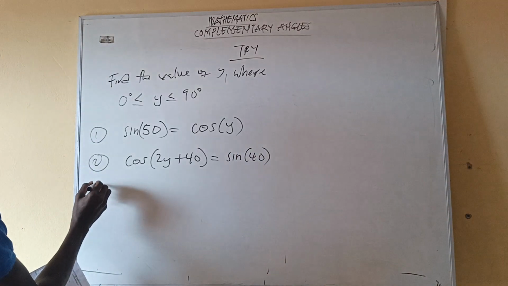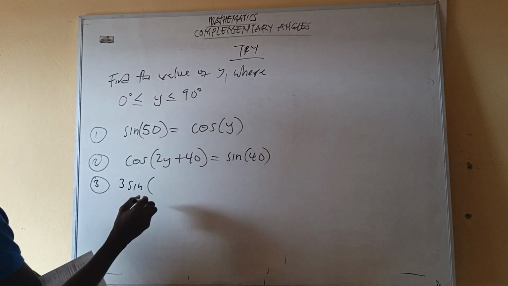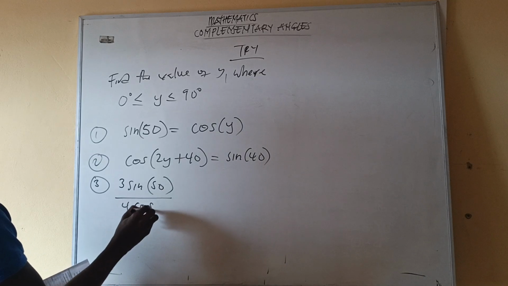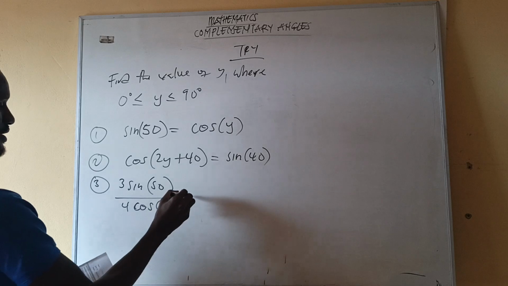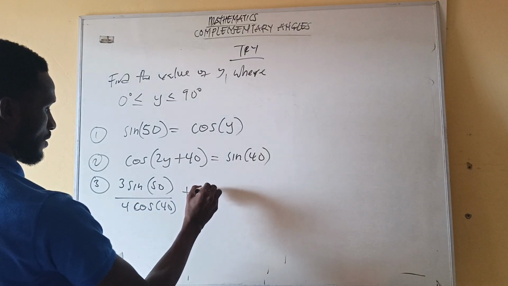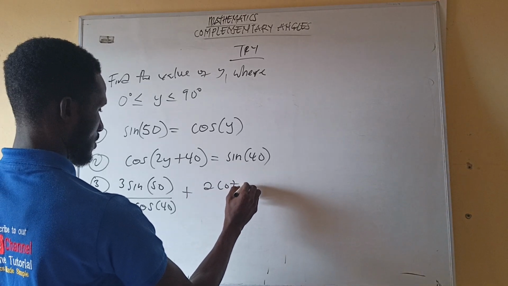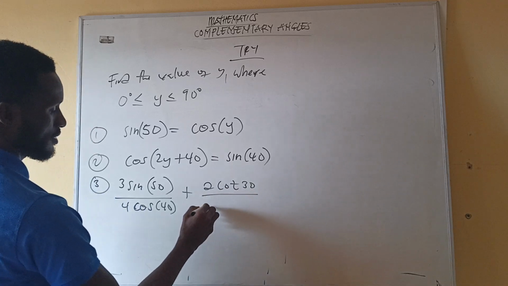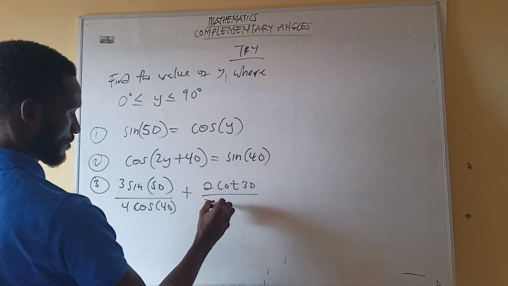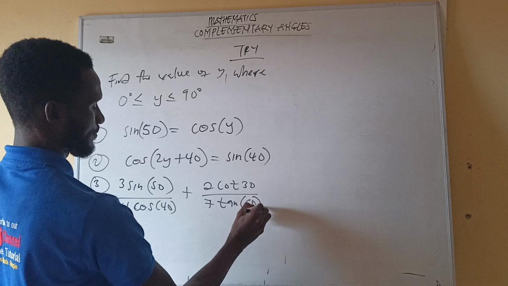The third one: 3 sine 50 divided by 4 cos 40, plus 2 cot 30 divided by 7 tan 60.